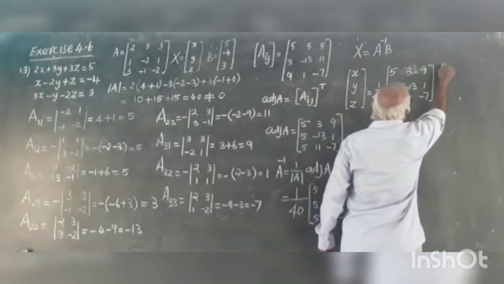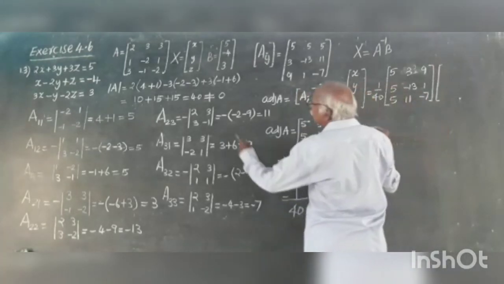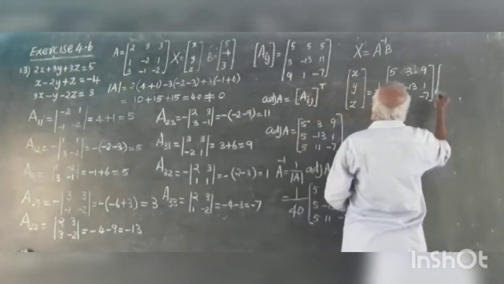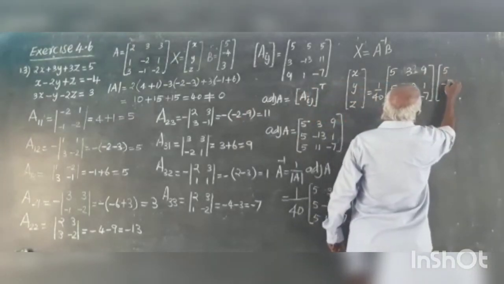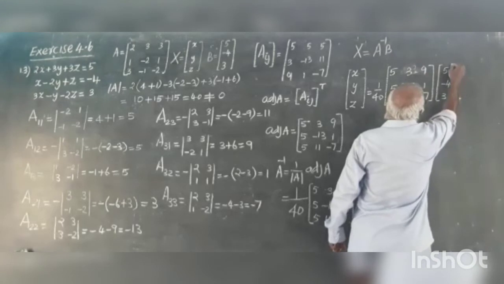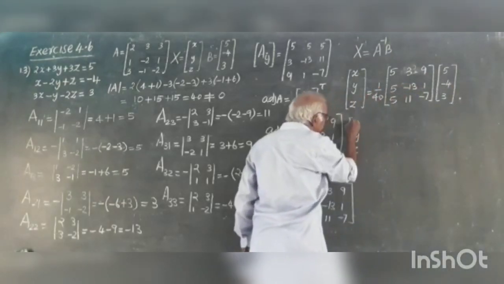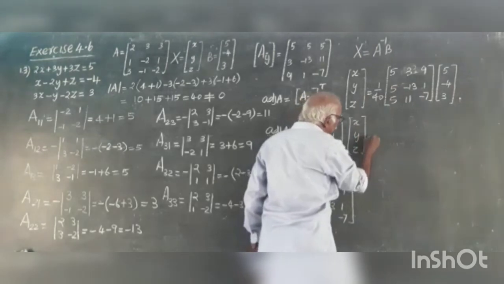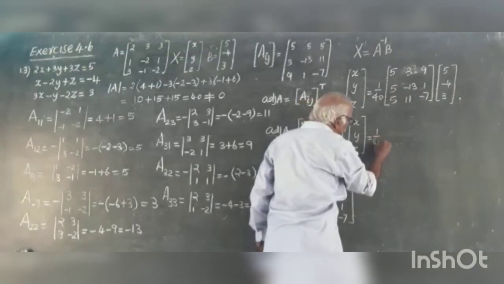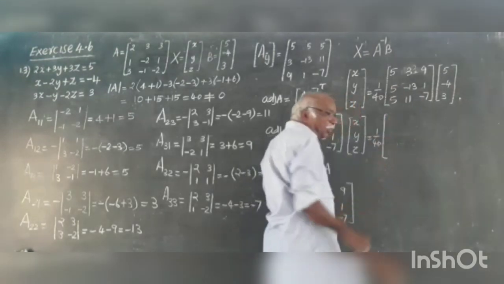Multiply with the constant matrix 5, minus 4, 3. Then we get x, y, z equal to 1 by 40. Then multiply.